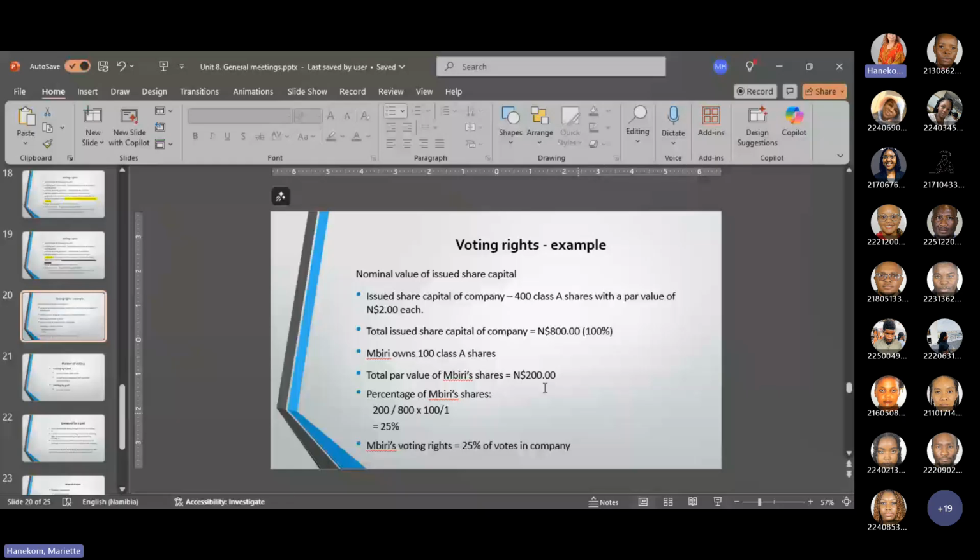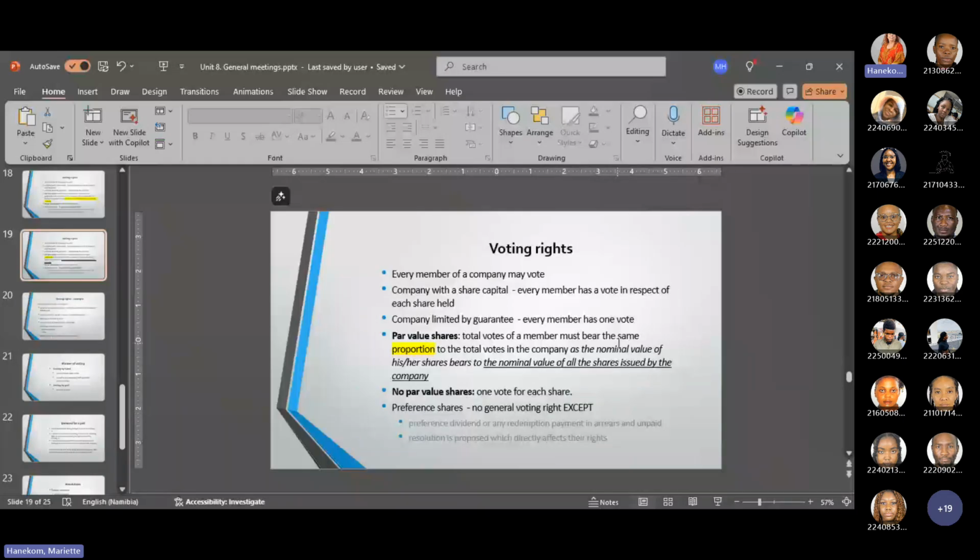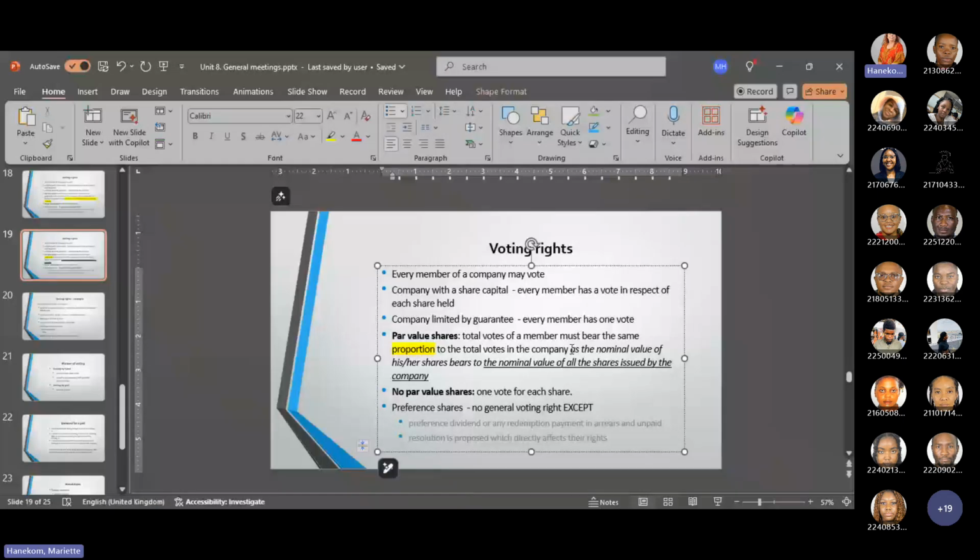Now, the Act says that the total votes of a member must bear the same proportion to the total votes in the company as the nominal value of his or her shares bears to the nominal value of all shares issued by the company. So we need to find out what proportion of the nominal value of the total shares the individual shareholder owns. What percentage of the total shareholding does he own?